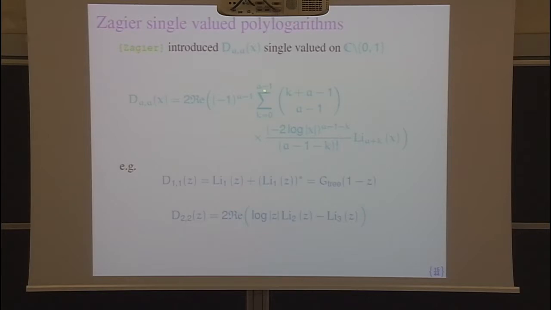When k equals a minus 1, this factor is not there, so this is Li3, for example. If to Li3 you subtract the log of the modulus of z times Li2, and you take the real part, this function has no monodromies on the complex plane. It's single-valued. A simpler version, of course, is to take the log of 1 minus z and take the real part, which gives a single-valued function on the complex plane.